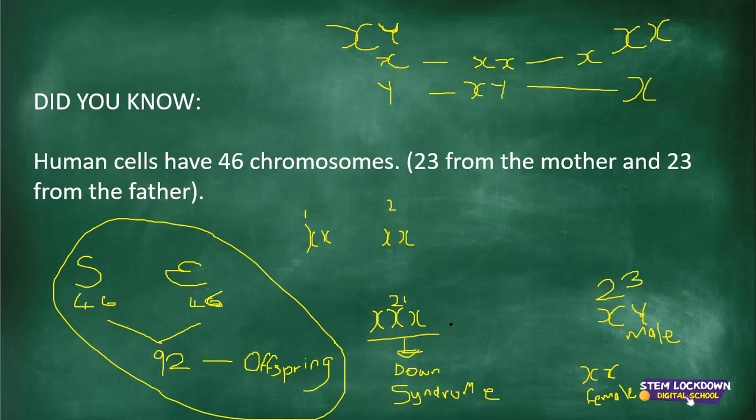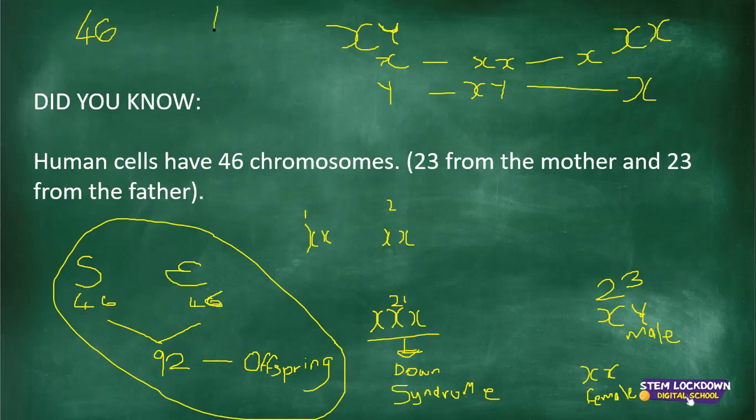Okay, I see Nathaniel. Nathaniel, you understand this topic, right? Nathaniel is explaining to us that the reason is because of the reduction division. So, in simple terms, what this means is the mother has 46 chromosomes in their egg cell.